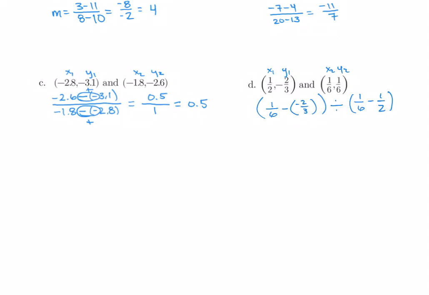Okay, so we need common denominators. Our LCD is 6. So if we work with this, we get 1/6, and the minus and negative becomes a plus. 2/3, to write that with a denominator of 6, I multiply by 2, and do the same thing to the top, so we get 4/6. Keep it inside the parentheses.